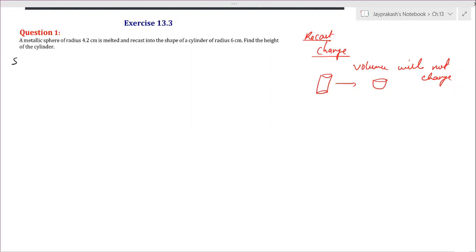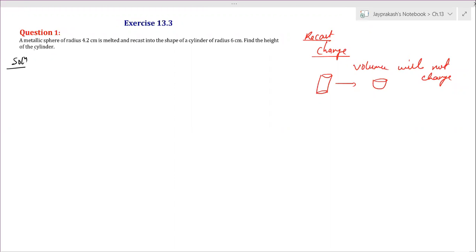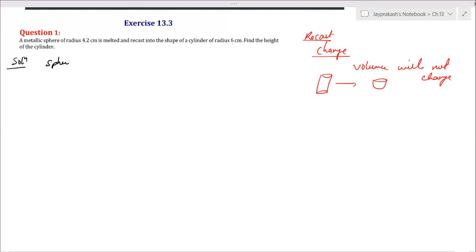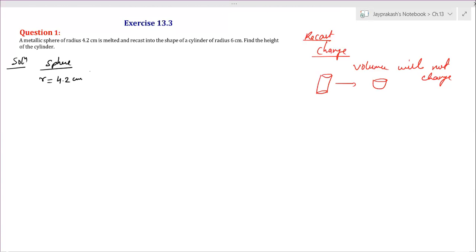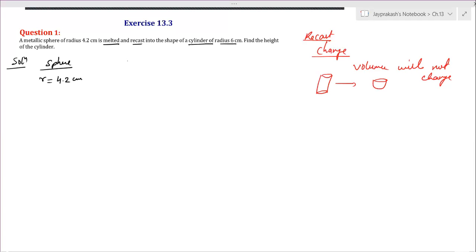Now in 13.3, in the first question we are given a metallic sphere of radius 4.2 centimeter. So just give your heading: sphere. It is melted and recast into the shape of a cylinder of radius 6 centimeter.